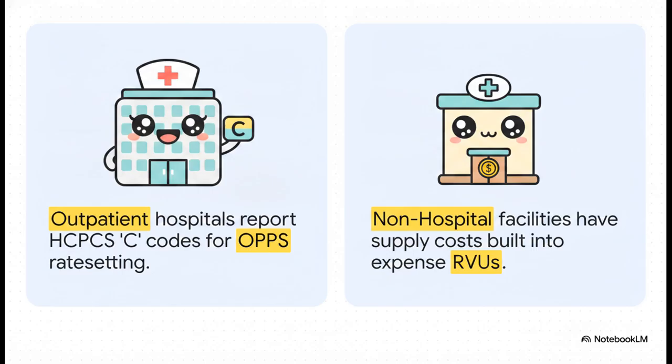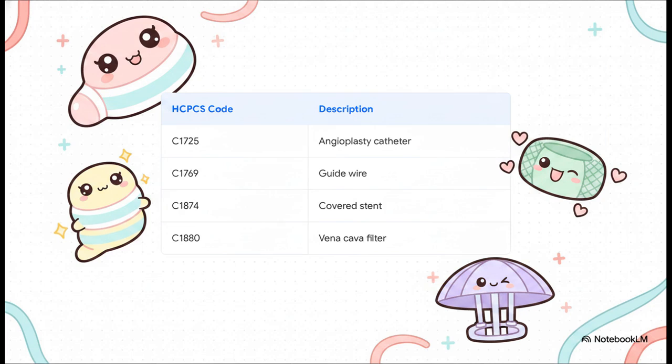On the flip side, non-hospital facilities, like physician offices, generally do not separately bill for these supplies. Why? Because CMS has already built these costs into the practice expense component of their relative value units, or RVUs. And this brilliantly illustrates the types of physical evidence documented in an outpatient setting. You'll encounter a variety of HCPCS C codes.